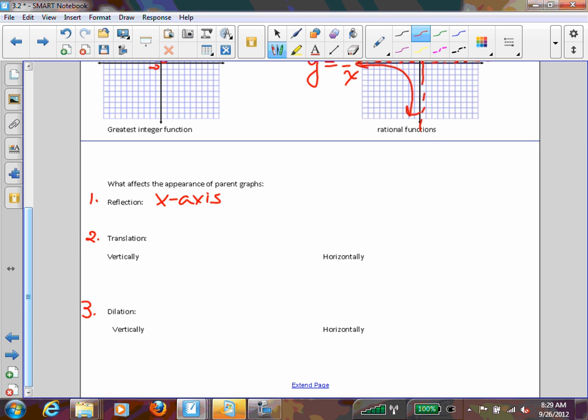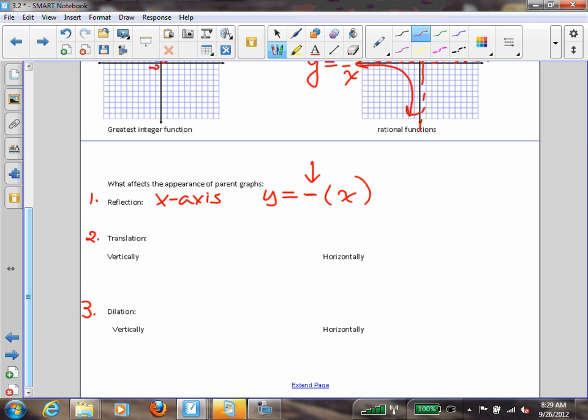So just write down what we have, and it'll make sense when we start actually applying them to the problems, okay? If I'm going to reflect it over the x-axis, y equals negative x. I want you to pay attention where I'm putting this negative sign, okay? If it's over the x-axis, I'm changing it, and it's outside, not associated with the x.